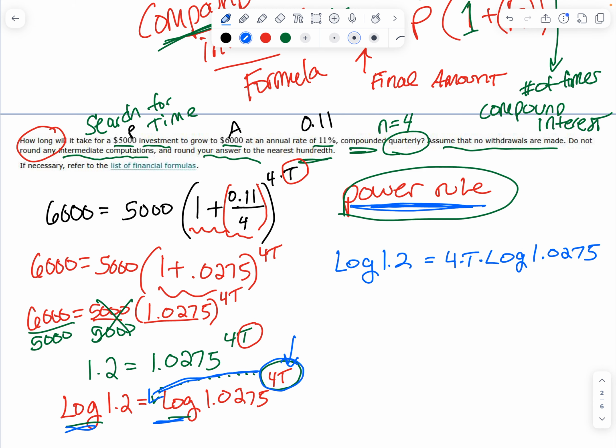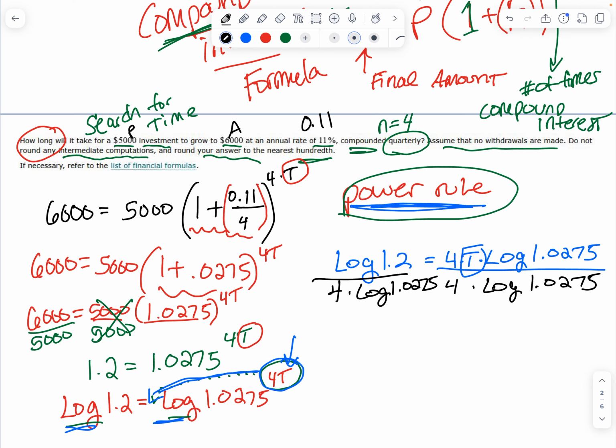So what's really going on down here is you got 4 times t times the log of 1.0275. The goal is to get t by itself, so you can do that by dividing away the 4 and the log of 1.0275 at the same time. So 4 times the log of 1.0275. Now, this is where you're going to have to kind of play with your calculator. So I'm using a graphing calculator.